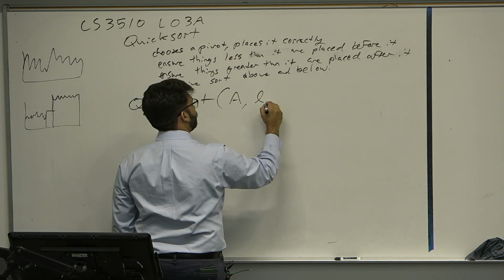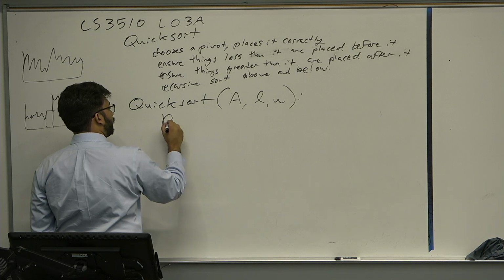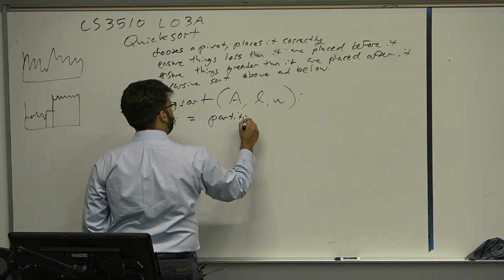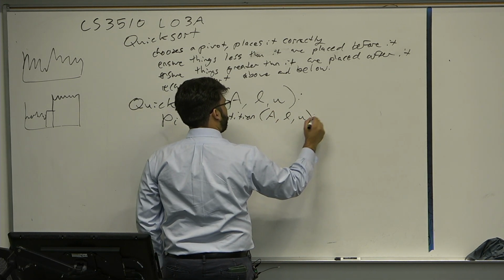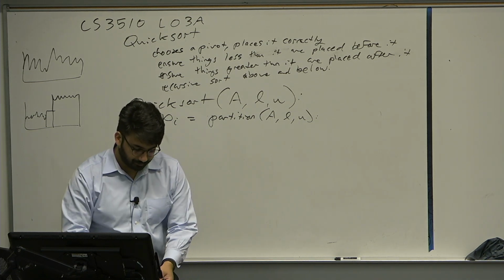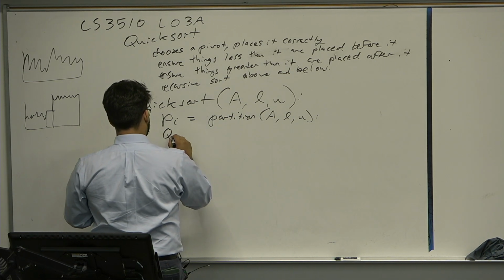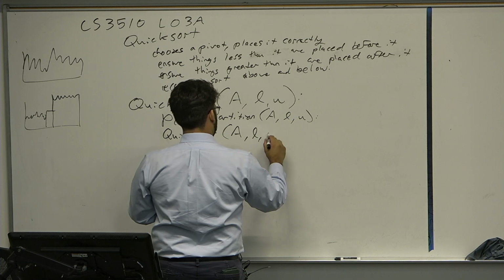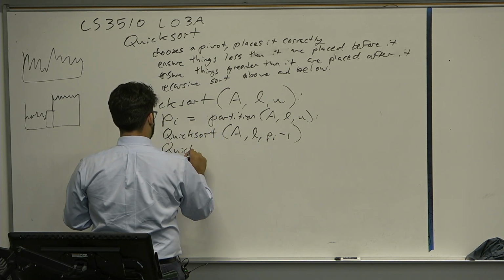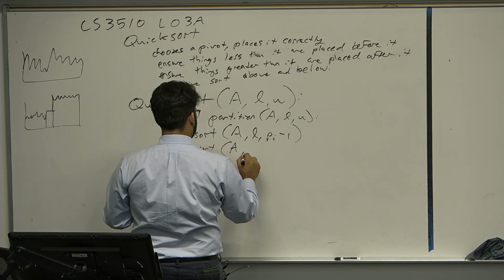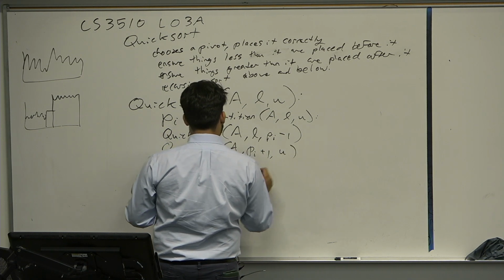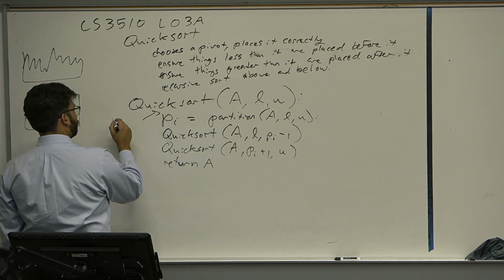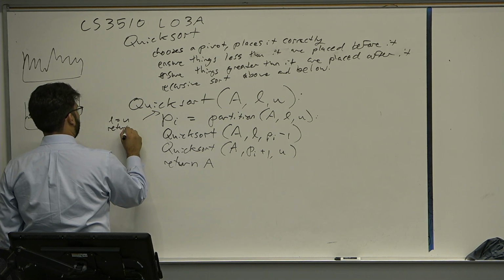Let's say we have an array A and indices L and U. We choose a pivot, and we return the index from a partition function: pi equals Partition of A, L, and U. Then we call quicksort on the left and right halves: quicksort on A, L, pi minus 1, and then quicksort on A, pi plus 1, comma U, and then we return A. There's also supposed to be a base case here: if L equals U, return A.